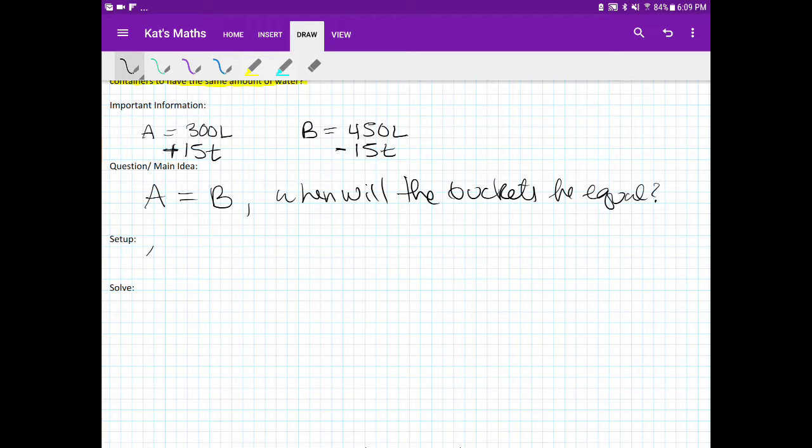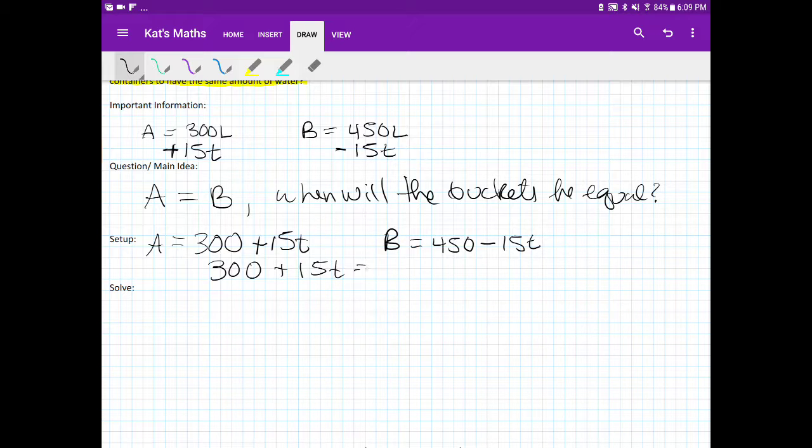So I have an equation for A almost, 300 liters, and it's gaining 15 liters per unit time, so per minute in this case. And then B, and it's got 450 liters, and it's losing 15 liters per minute. So then we're going to solve, and we solve by setting these equal to each other.